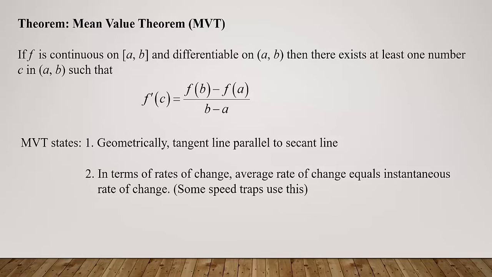And if your average velocity over a given distance is greater than the posted speed limit, the mean value theorem guarantees there was some point over that distance that you were traveling exactly the speed of your average velocity. It's not cool.